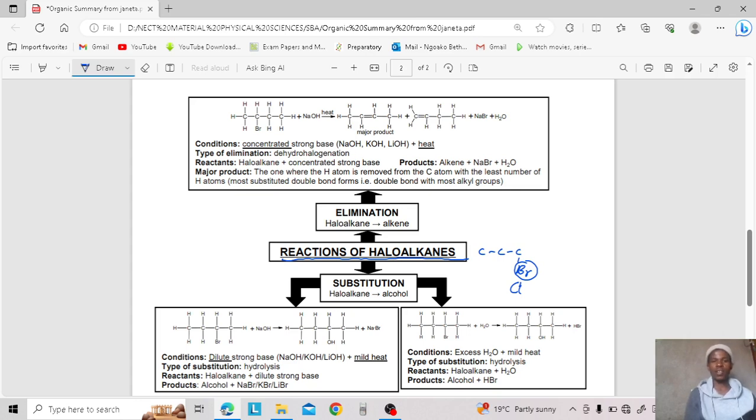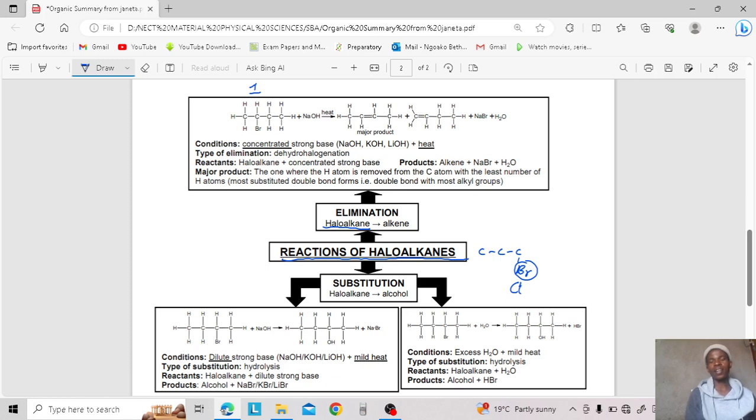Right, so in the reactants, we're going to get that haloalkane, then it will react with some other things. So let's start with number 1 here. From the reaction of this, we can cause an elimination.